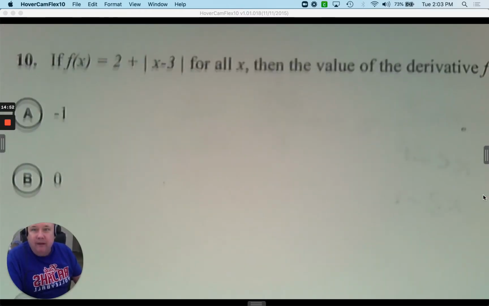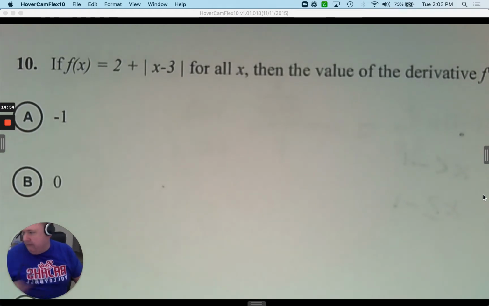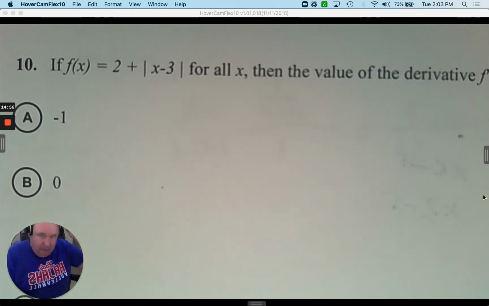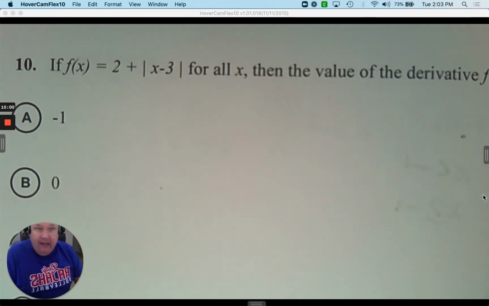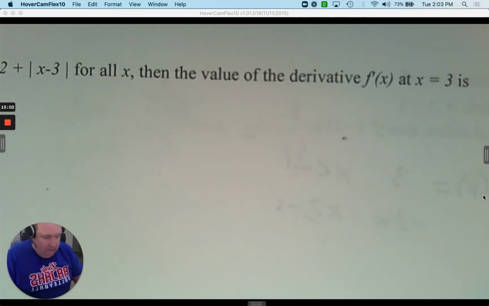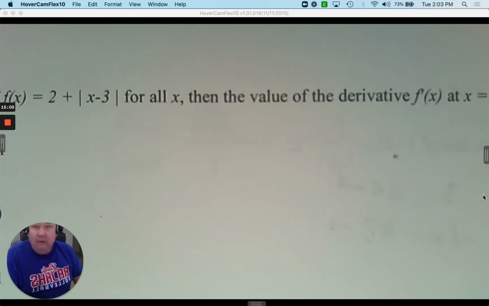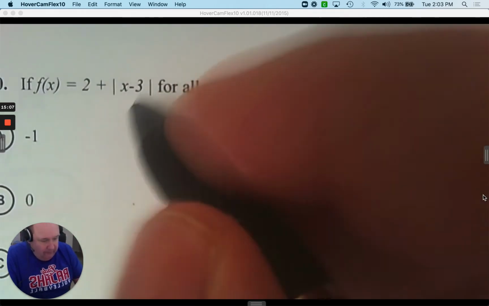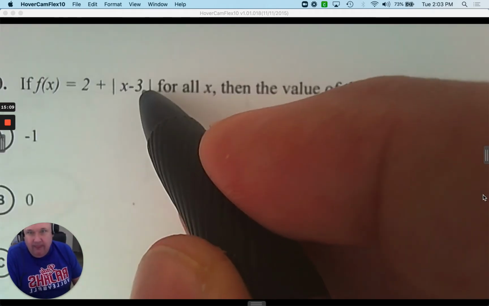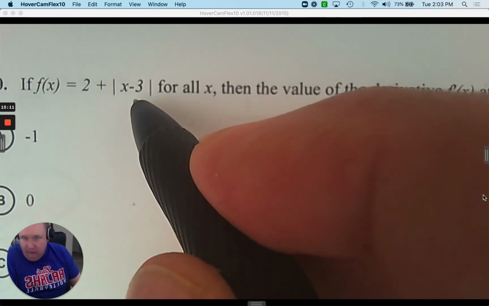Number 10. If f of x equals 2 plus the absolute value of x minus 3 for all x, then what is the value of the derivative at x equals 3? When I have an absolute value, I need to know what the graph looks like.